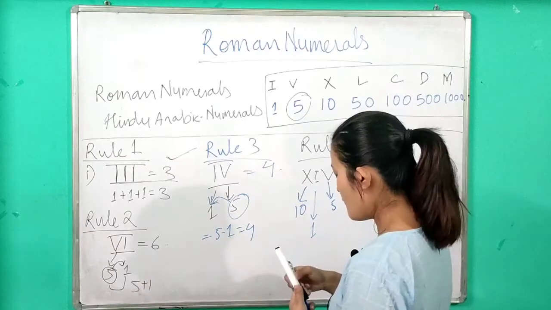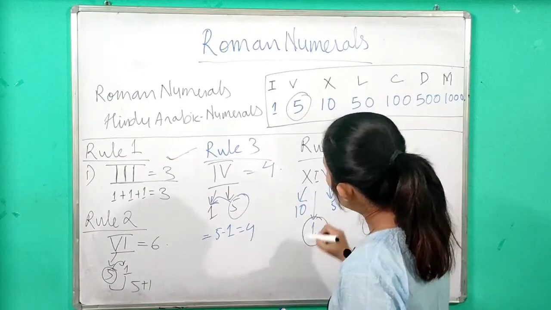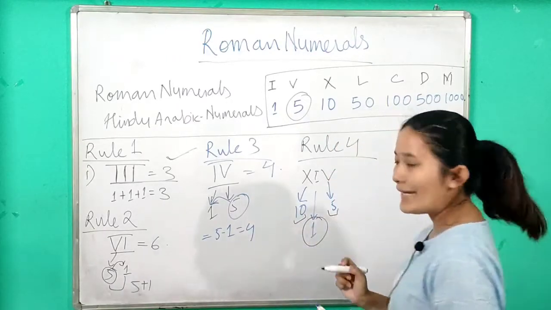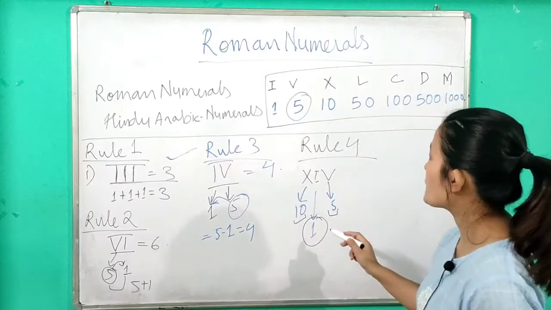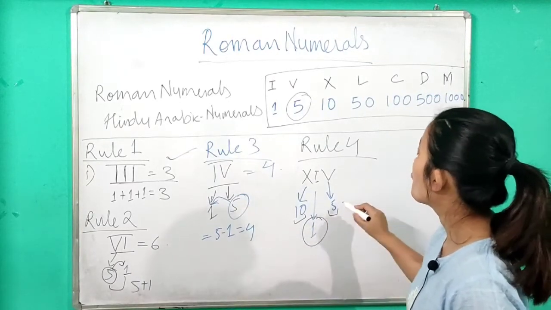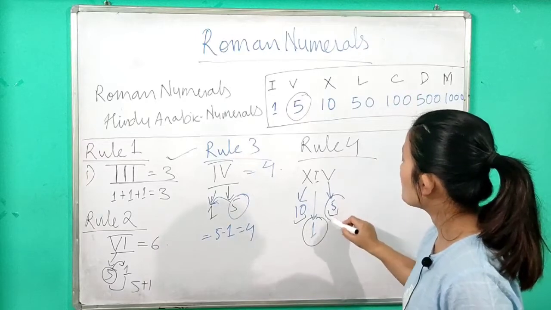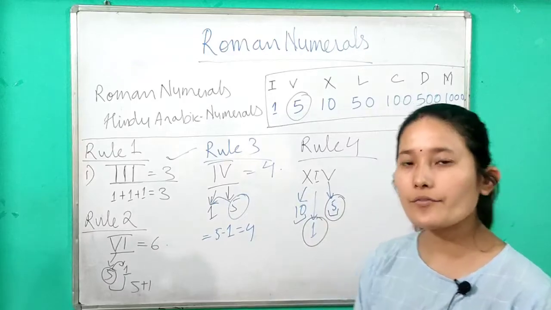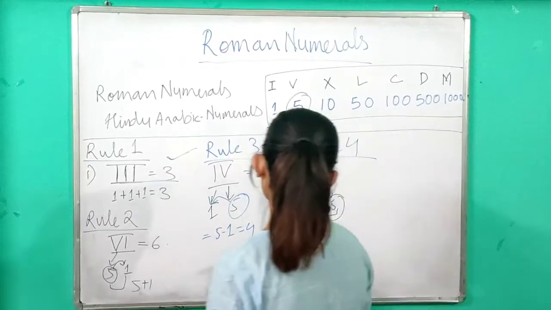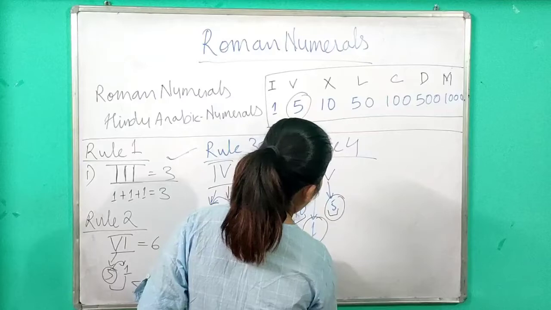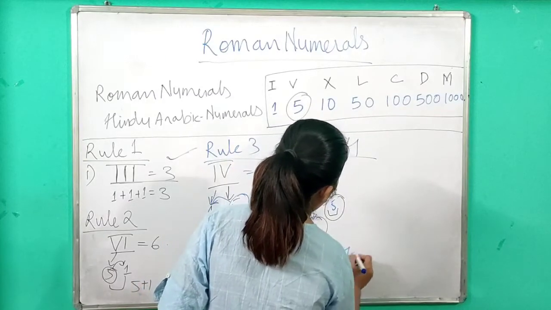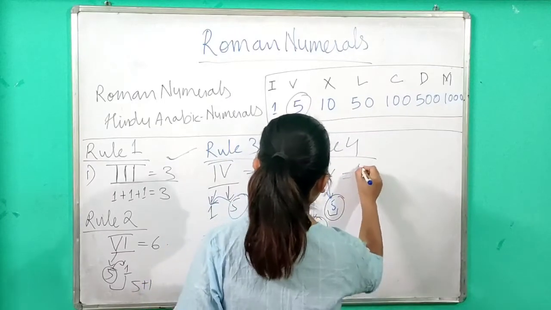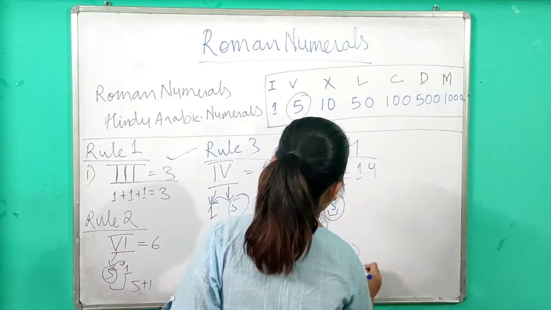So if you have a smaller value number sandwiched between greater values, then you have to subtract the smaller value from the number which is given on the right. Is that clear? The one given on the right, from that you have to subtract it. That means 10 plus 5 minus 1. So 5 minus 1 is 4, and this would be 14.